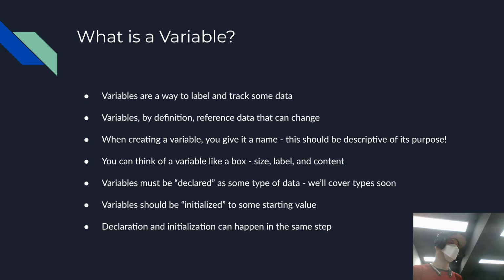So when we say a variable, what we really mean is some data that changes, okay? Now, variables are a way to label some data, right? So you can take some number or some text or some binary or whatever and label it with a name, okay? And then you can track if that changes, or you can change it, or whatever.